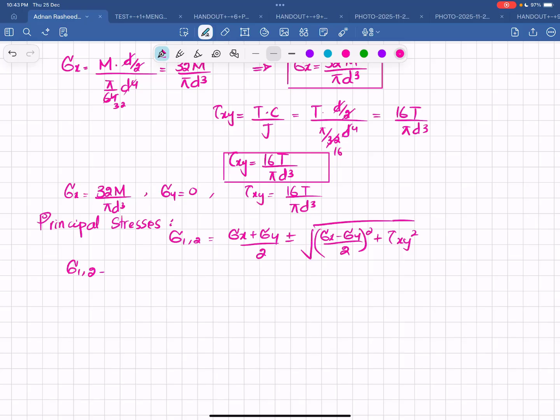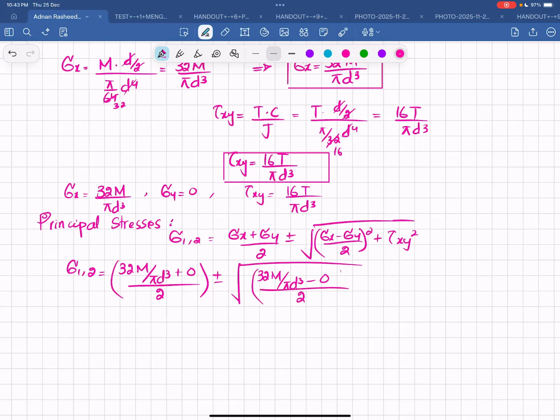Sigma 1, 2 is sigma x, which is 32M over pi d cube, plus 0, divided by 2, plus minus under the root, 32M over pi d cube minus 0, divided by 2 whole squared, plus tau of xy, which is 16T over pi d cube, whole squared.